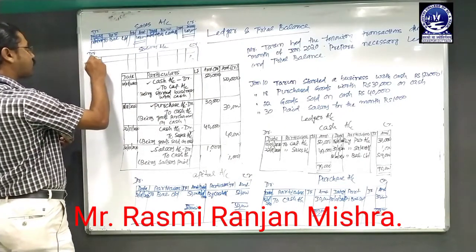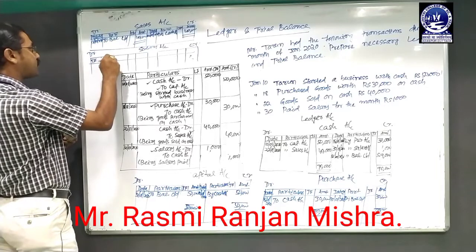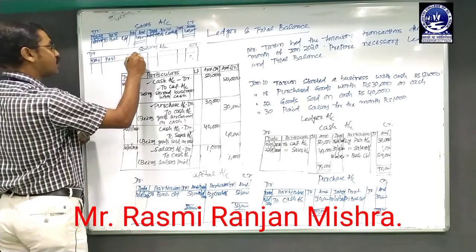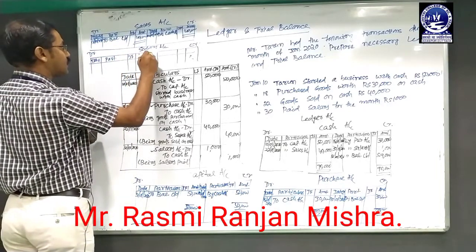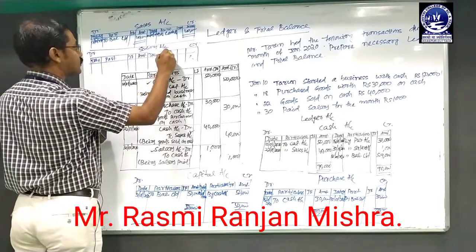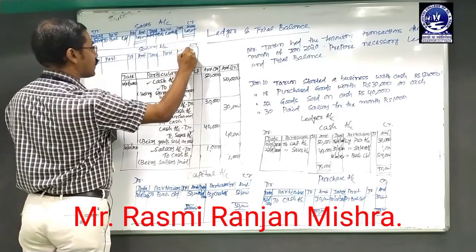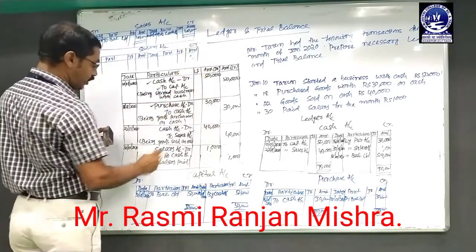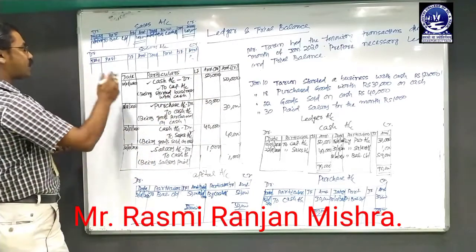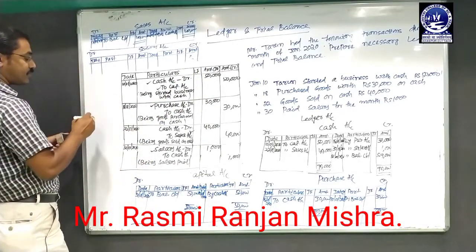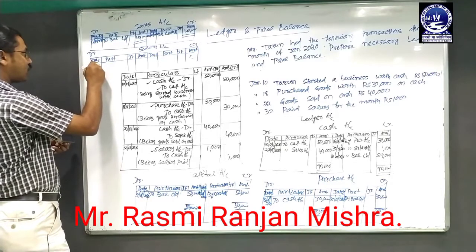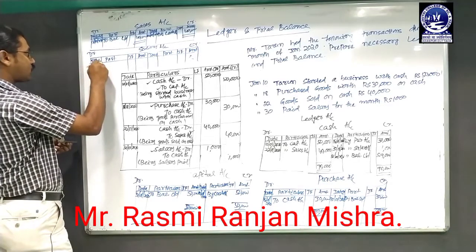Then the columns are the same: date, particulars, journal folio, amount, then date, particulars, journal folio and amount. So here the salary account is debited. Directly go to the debit side of the salary ledger account. The date mentioned here is 30th January 2020.